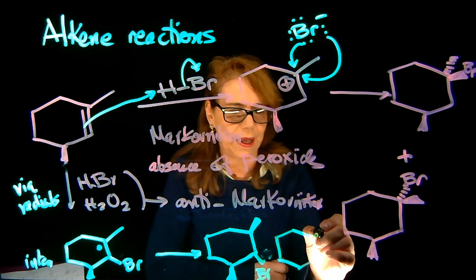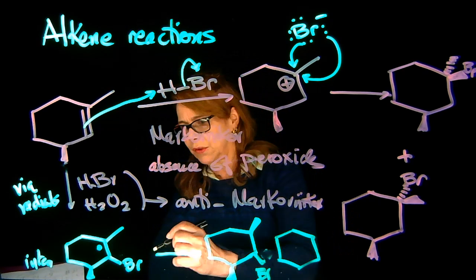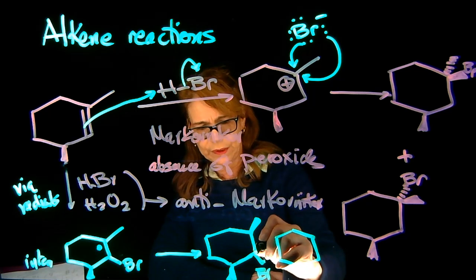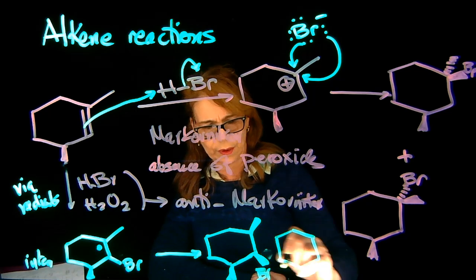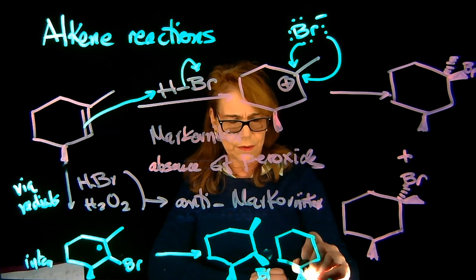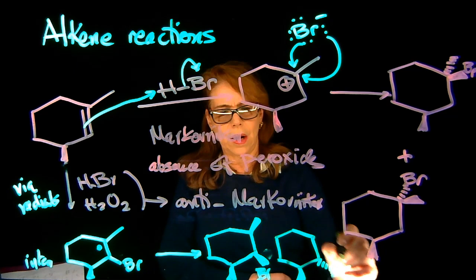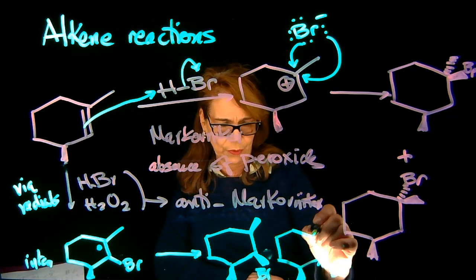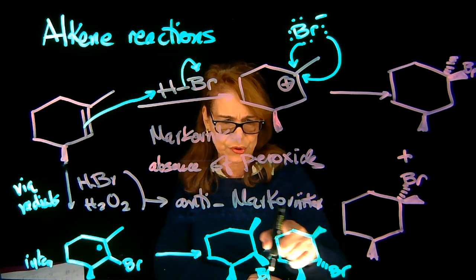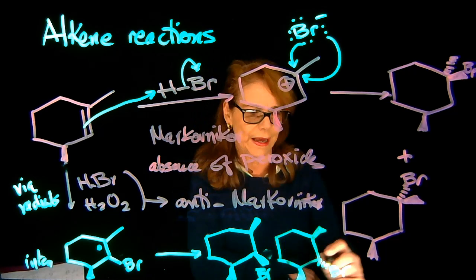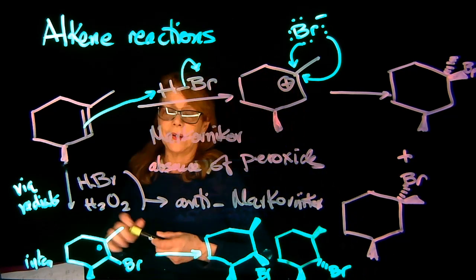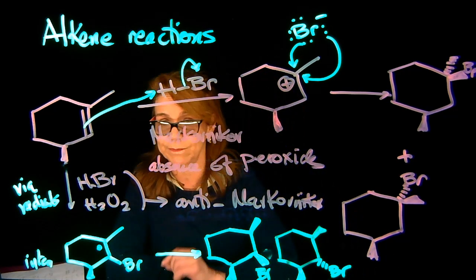So you have a number of products actually. You can have bromine like that, you can have it like that. And if you do that, you'll have that plus two more products in which these two will be dashes. So there is a number of products in the other pathway.